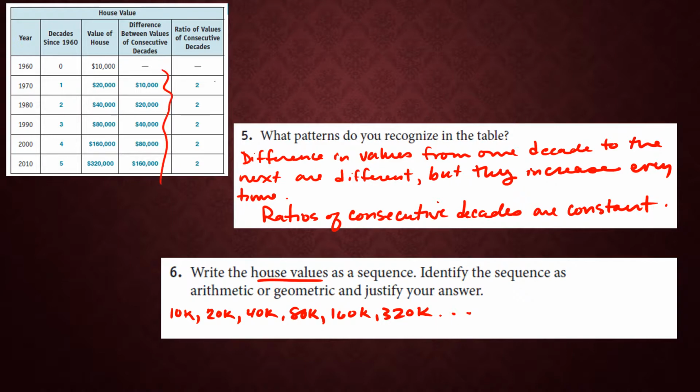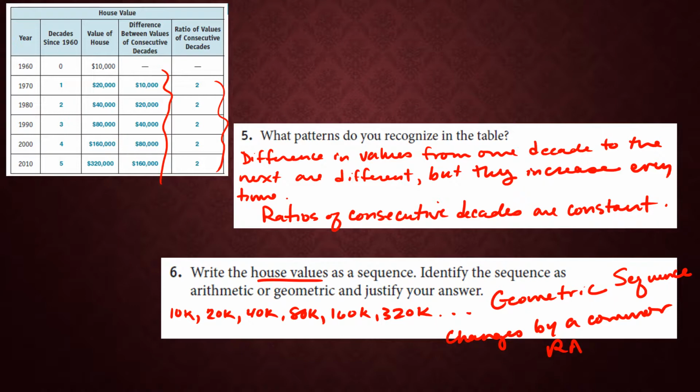But it does have a constant ratio, a common ratio. So this is a geometric sequence. The justification is it changes by a common ratio, meaning every time it's multiplied by the same amount. That's what we learned in the last section.